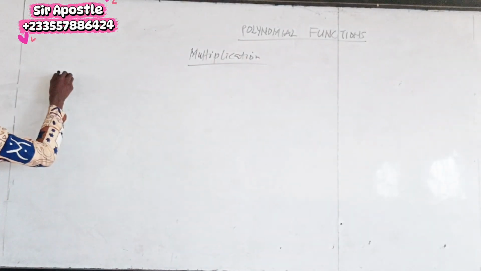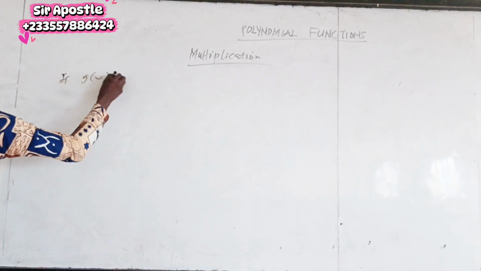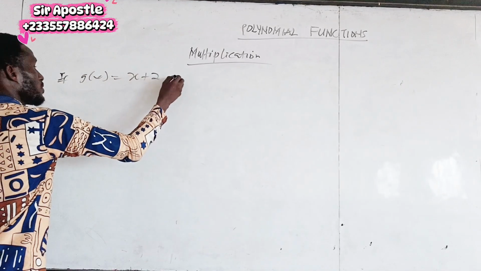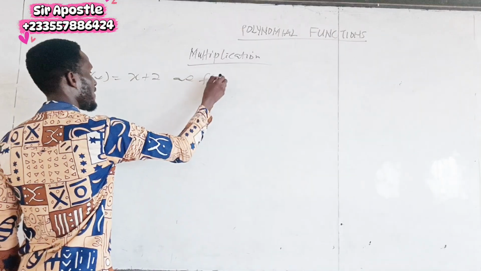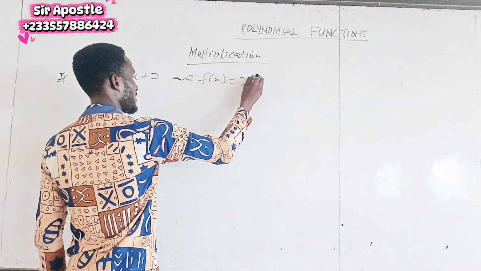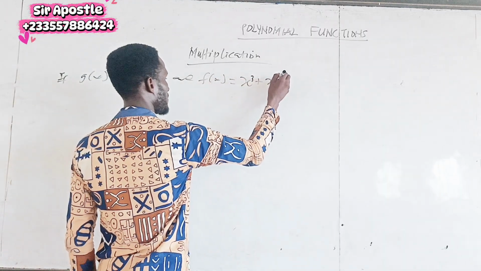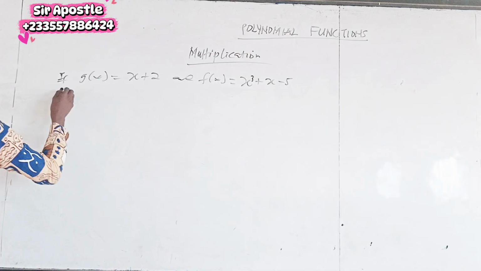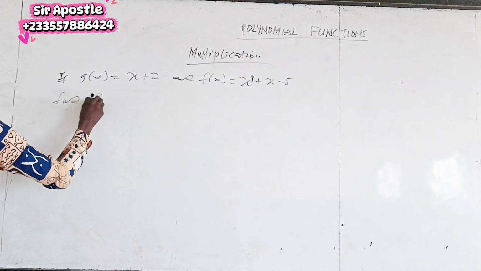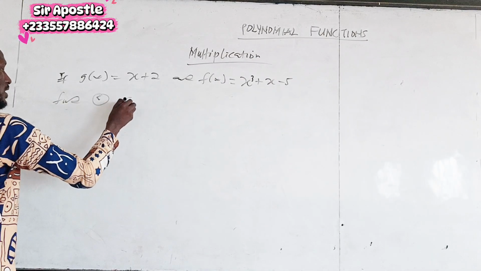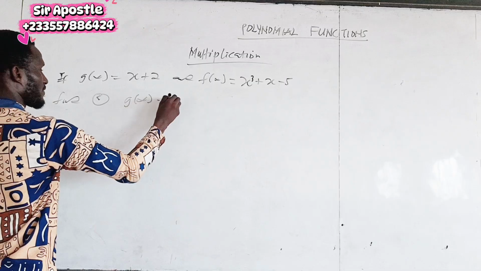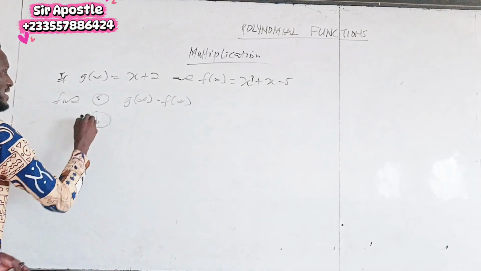Now, if g of x is equal to x plus 2 and f of x is equal to x exponent 3 plus x minus 5, we can find g of x times f of x.